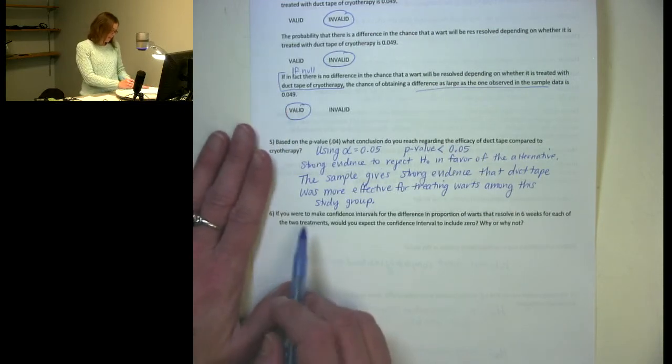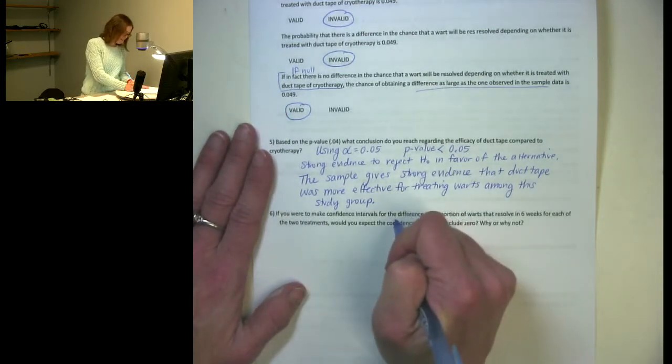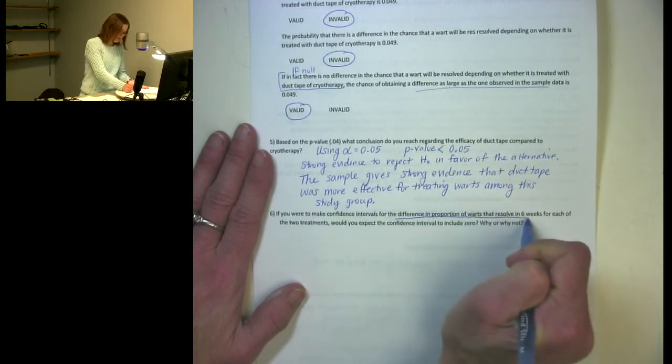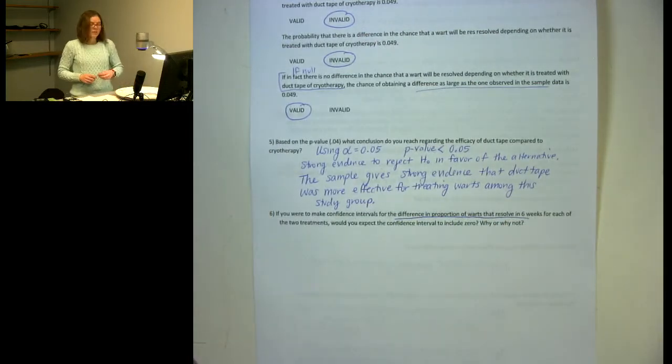Question 6 asks, if we were to make a confidence interval for the difference in proportion of warts resolved in 6 weeks for each of the 2 treatments, would we expect that interval to include 0?